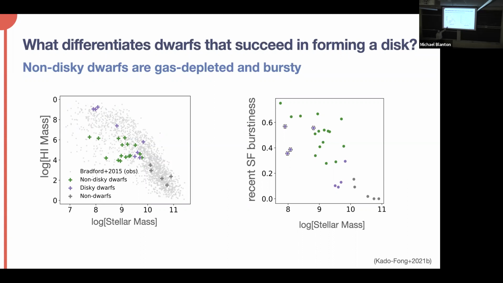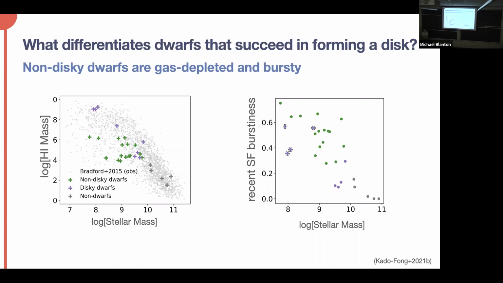These are the same morphological classifications that I mentioned before, so either succeeds or does not succeed in forming a young stellar disk at redshift 0. So the color assignment is independent of the HI content. It's just that the non-disky dwarfs also tend to have less HI for their stellar mass. But those higher mass ones, I can't tell if they're blue or green. Oh, I actually have the same problem. Non-dwarfs. There we go.